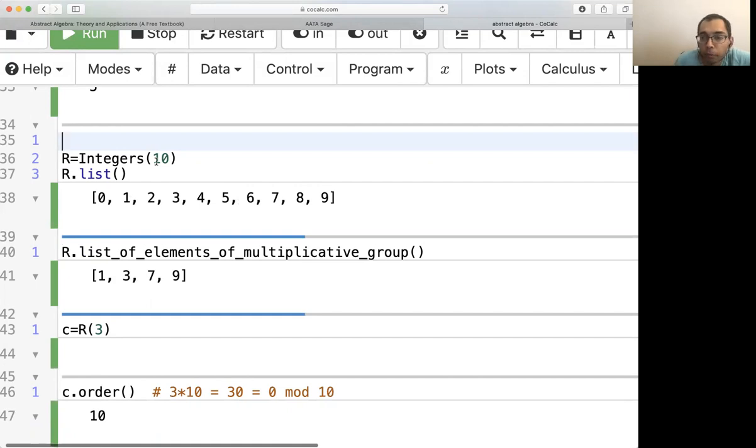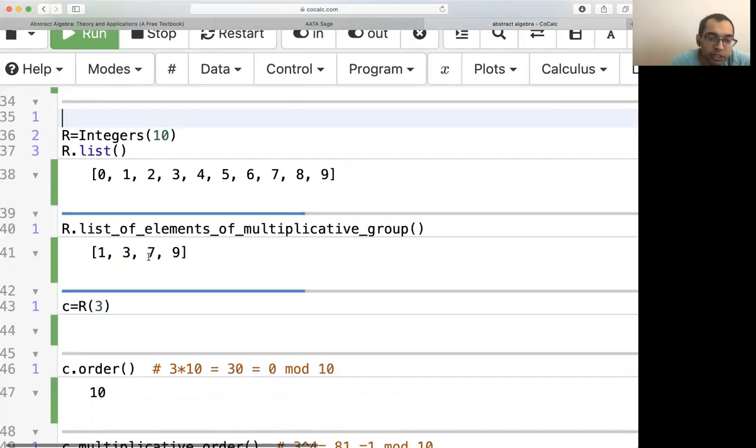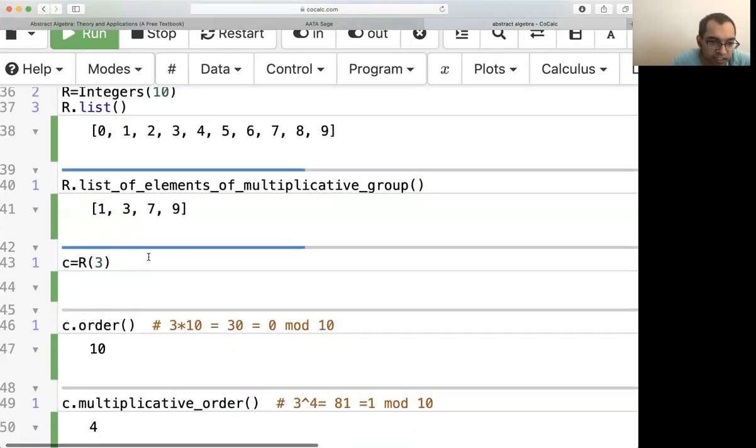And so no power of 2 will end up giving 1. And so you can't form a group out of multiplication. Anyway, so these numbers here form a group under multiplication, whereas these numbers up here, 0 to 9, they form a group under addition. Now, unfortunately, I can't quite seem to just ask for, what is the order of 3?